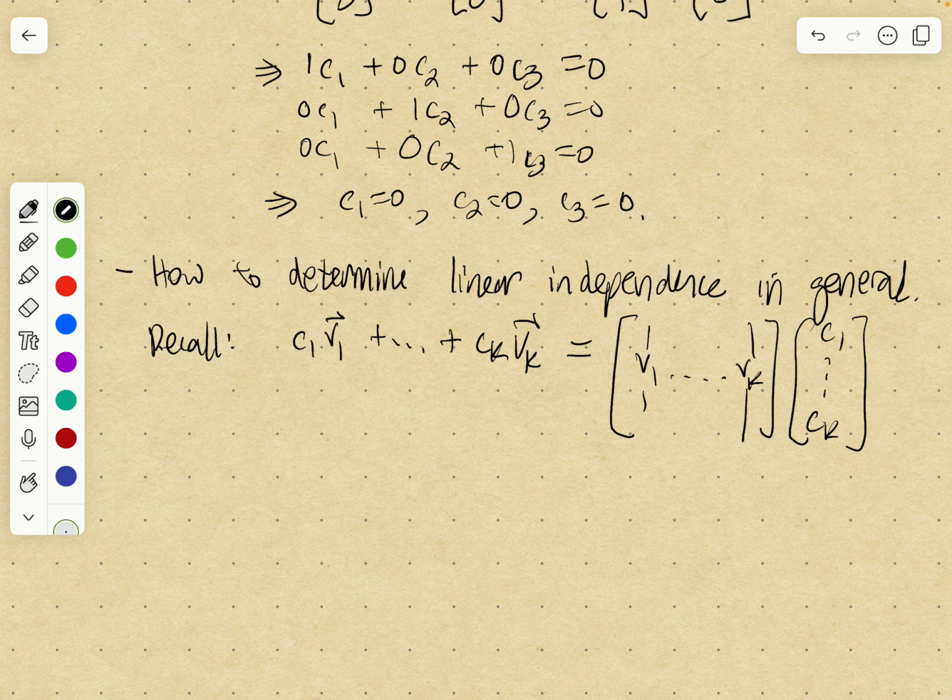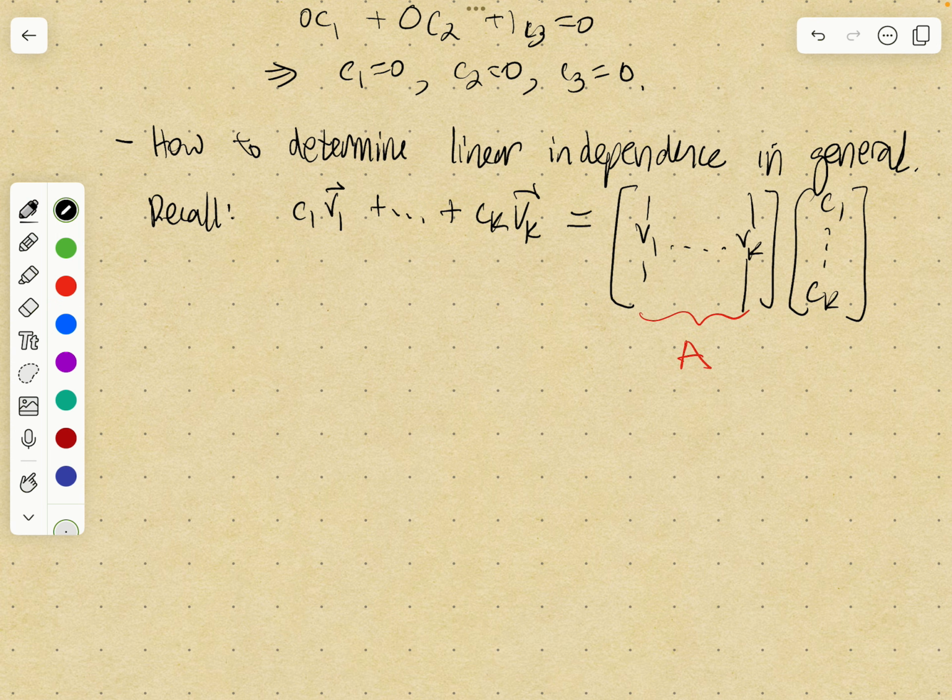Let's call this matrix A, and let's call this vector x. Then the question is, does Ax equal 0 have a non-trivial solution?